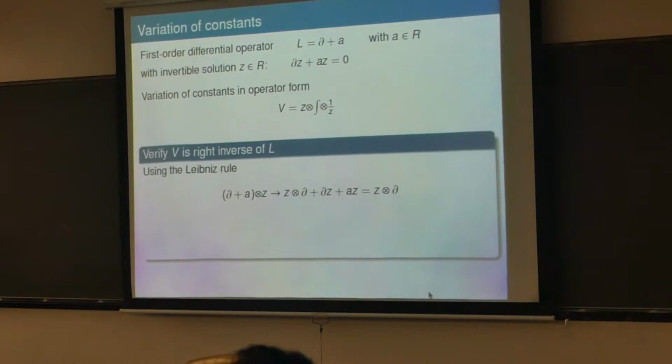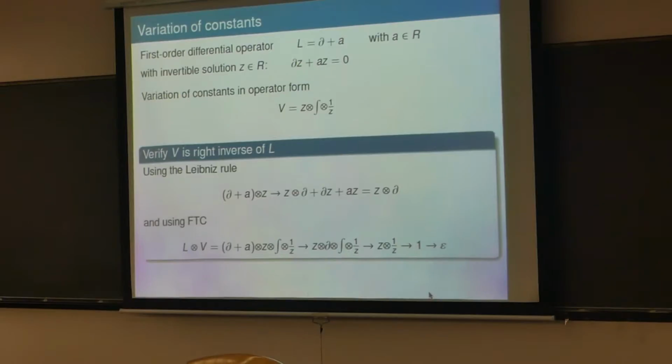The first step is just computation with the differential operator. Since we have a solution, if I apply it to a solution, I just get the derivation times that solution. Then the other identities that I need are the Leibniz rule and the fundamental theorem of calculus, that it is a right inverse.